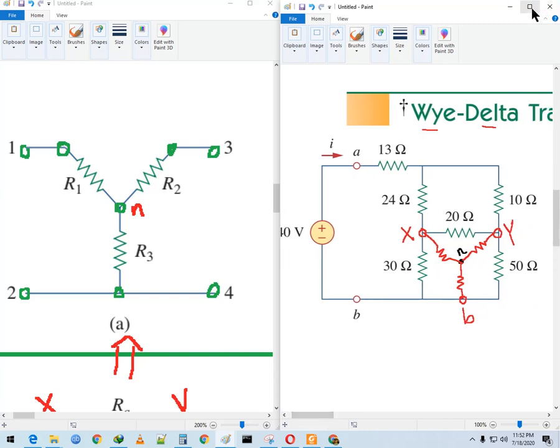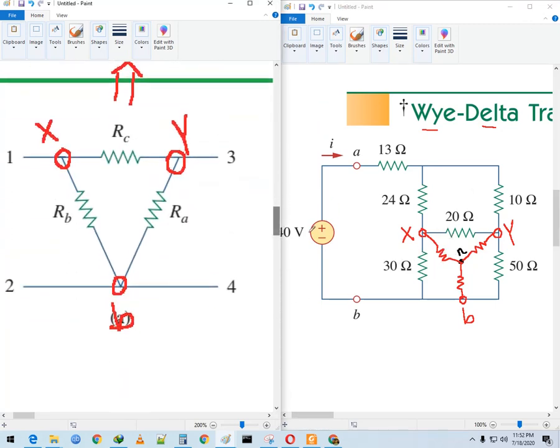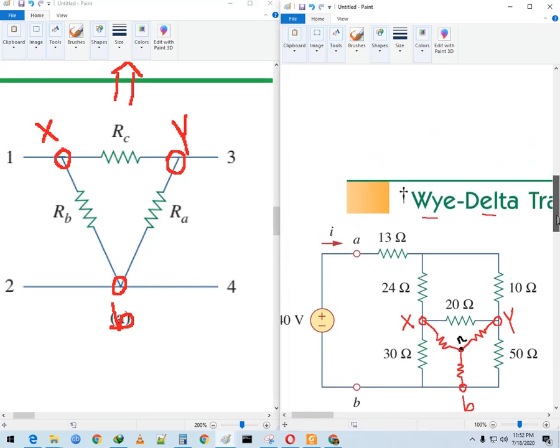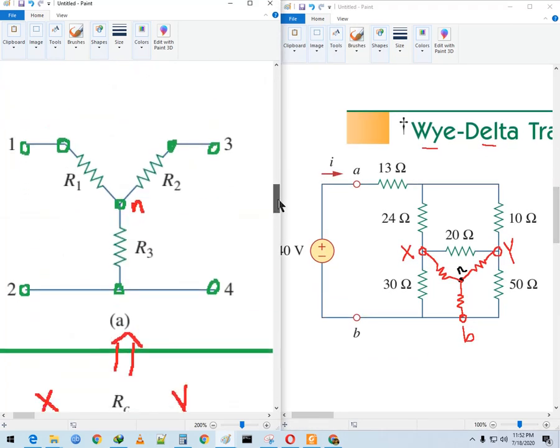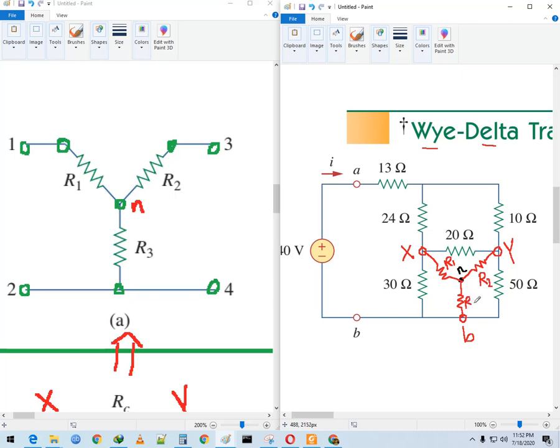There are lots of ways to solve this problem. So now it looks like a Y. Previously it was delta, like this: RB is 30, RC is 20 and RA is 50. Now we have converted them to Y, so it should look something like this: this is R1, this one is R2 and the bottom one is R3.